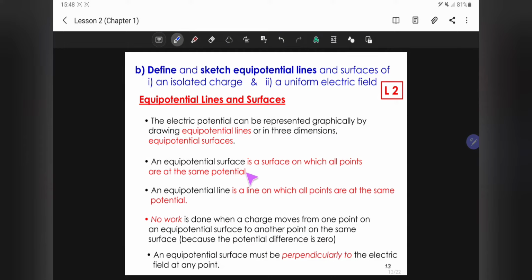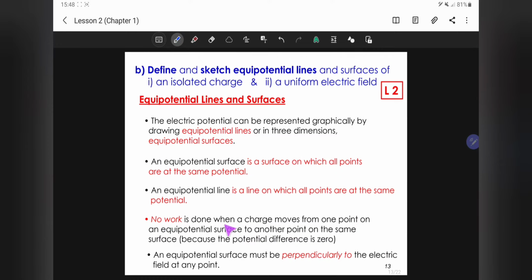So on that surface, the potential is equal to each other. An equipotential line is a line on which all points are at the same potential. Again, on this line, the potential is equal. For any surface where the potential is equal, we call it an equipotential surface.